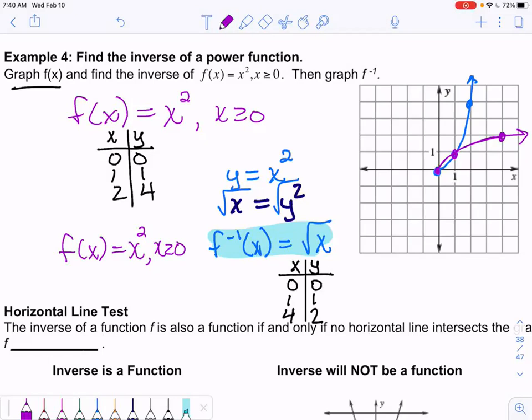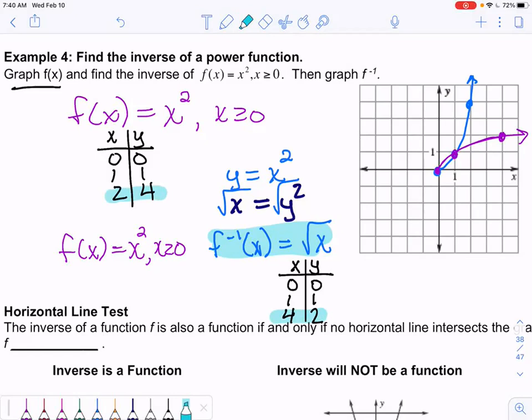The other thing that I wanted you to notice, yesterday we said an inverse relation can be found by switching x and y. And you can't really see it with the points that we chose, except 2, 4 has switched to become 4, 2. That's what happens with graphs of inverses. The x and the y switch.